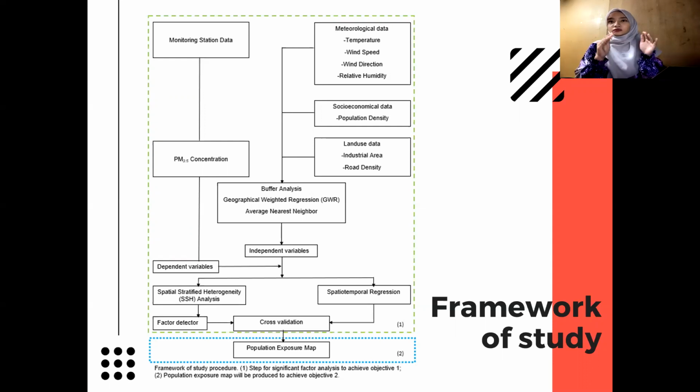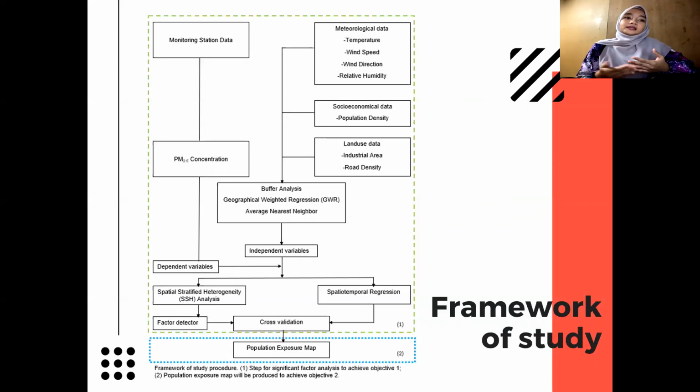This step is chosen to identify the association between the non-linear and linear relationship between the independent variable and dependent variable. Then the data will be analyzed, and we do a data validation, which is cross examination. The cross examination will determine the accuracy of the model that we produce.